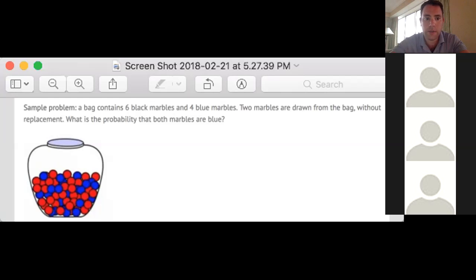So how many marbles are there in total? 10. And there's 6 black marbles and 4 blue marbles, correct? And the question is asking us, what is the probability that both marbles are blue, right?